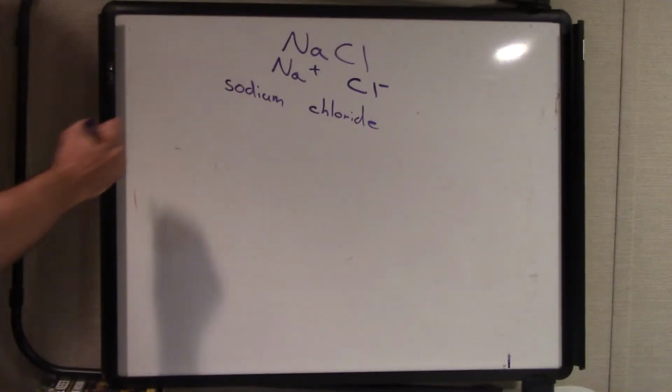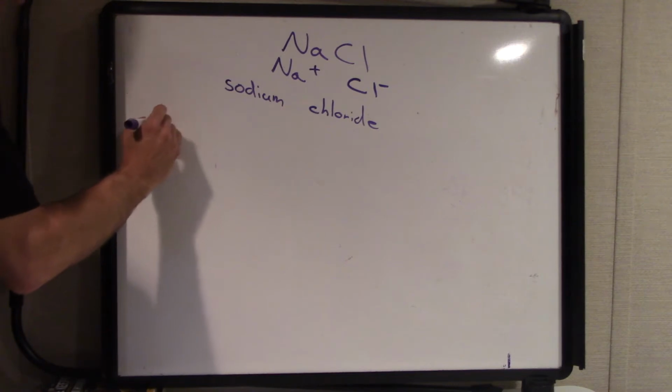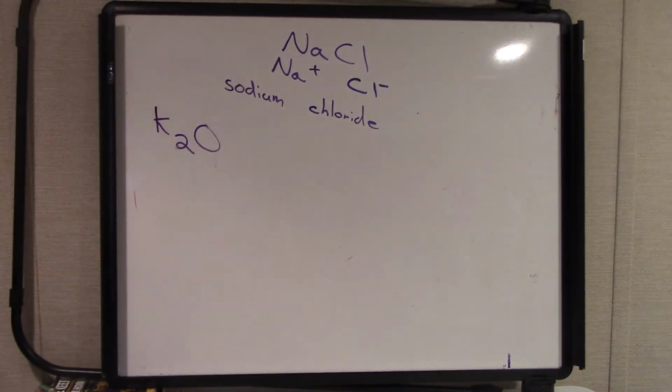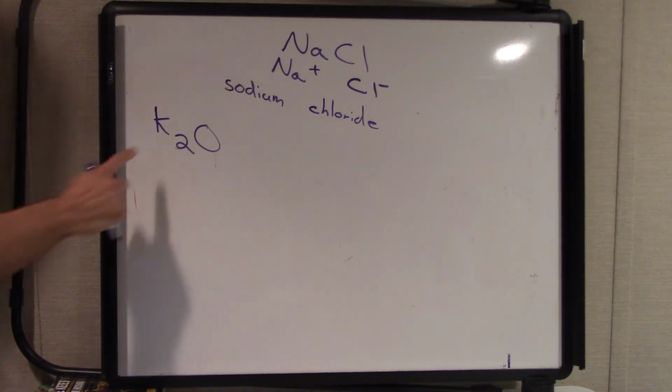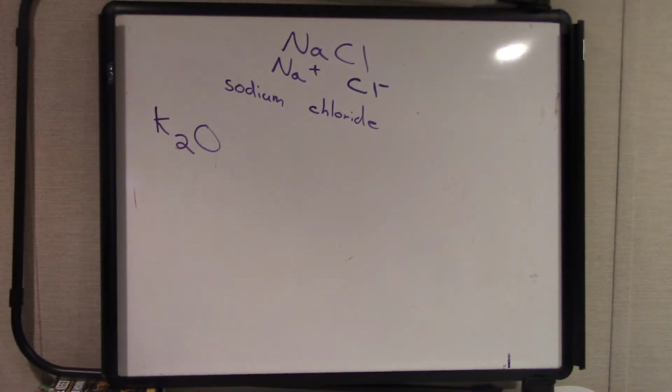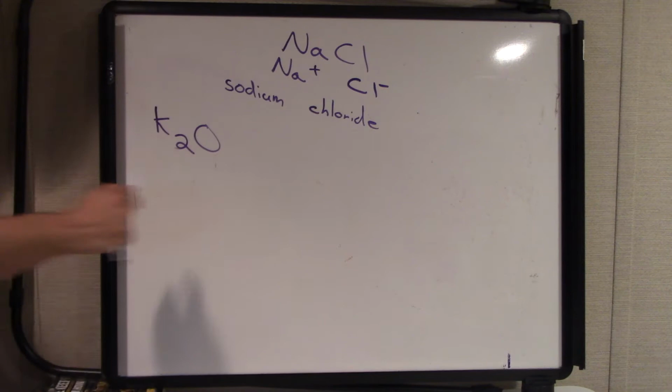So I want to do another one that's similar to this. The one I want to do is K2O. Again, we're looking at an ionic compound. We know it's an ionic compound because I'm dealing with a metal. Potassium is on the left-hand side of the periodic table, and oxygen is definitely a non-metal.